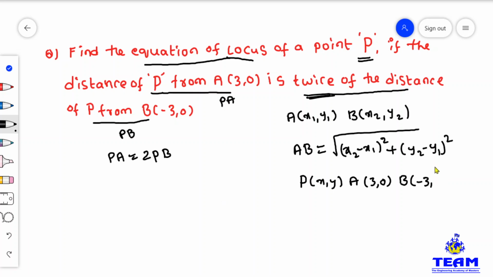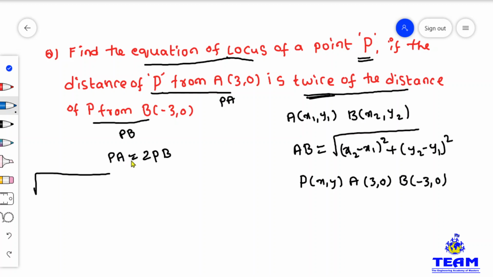Now we substitute in the formula. PA is the square root of this expression. You see here PB is also there, so the left side and right side both have square roots. The first point A is (x1, y1), the second point B is (x2, y2).